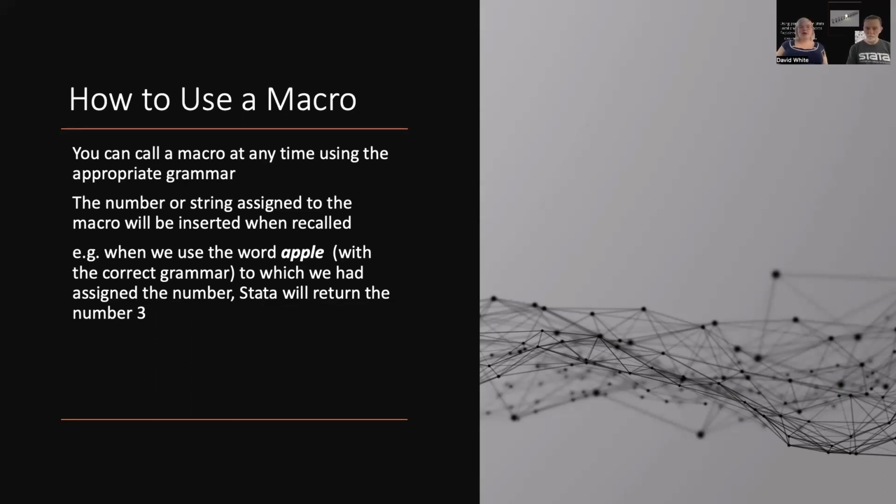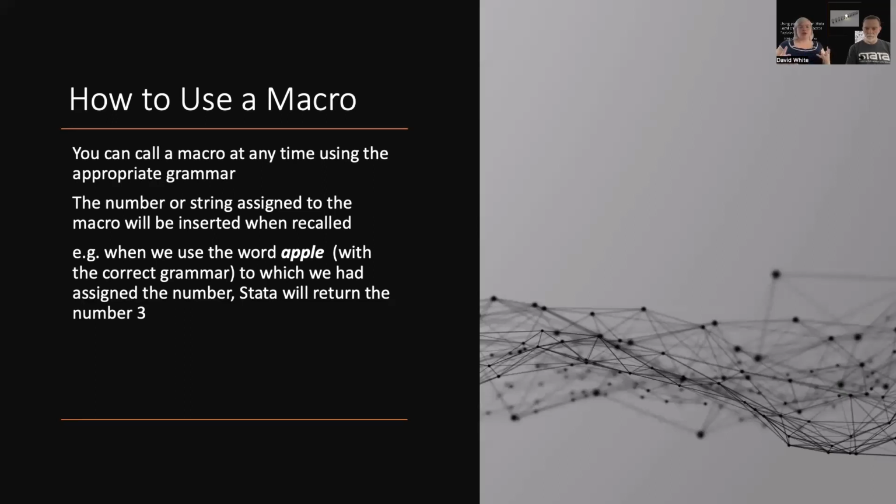You have to tell Stata that the word that you're giving it is a macro. If you just type in a word by itself, words in Stata are generally commands. So Stata is going to look for it as if it's a command, and in this case, it's not a command. So we need to tell Stata that this is actually a macro, not just a standard word.